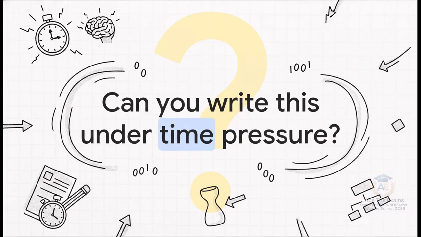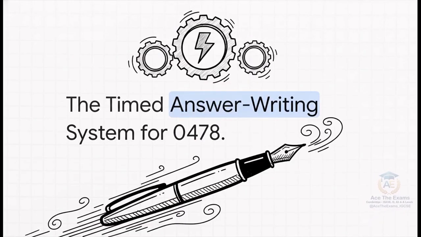Speed becomes your ultimate bottleneck. Which means you are still missing one critical piece to completely secure those top-band marks, and that is exactly what we're solving in our next explainer: the timed answer writing system for 0478. You need to see how to deploy this exact framework at maximum speed without sacrificing any clarity. Watching that next explainer isn't really an option. It is the mandatory next step to locking in your grade.